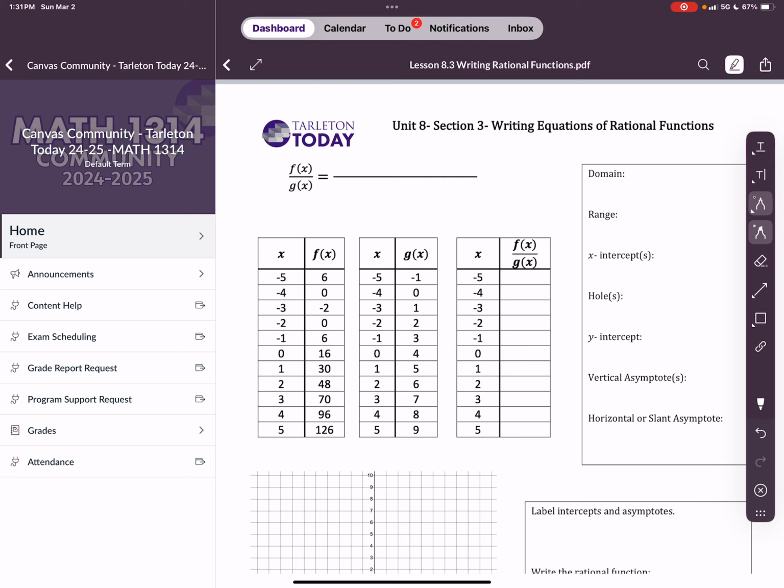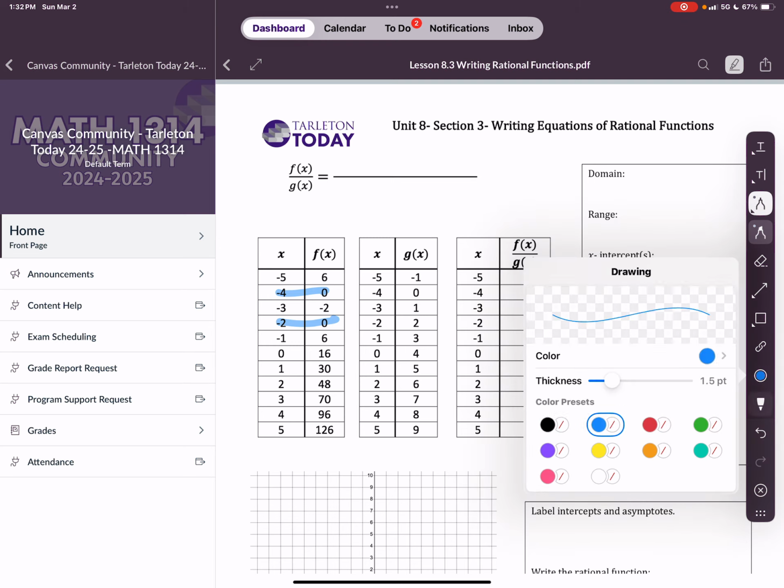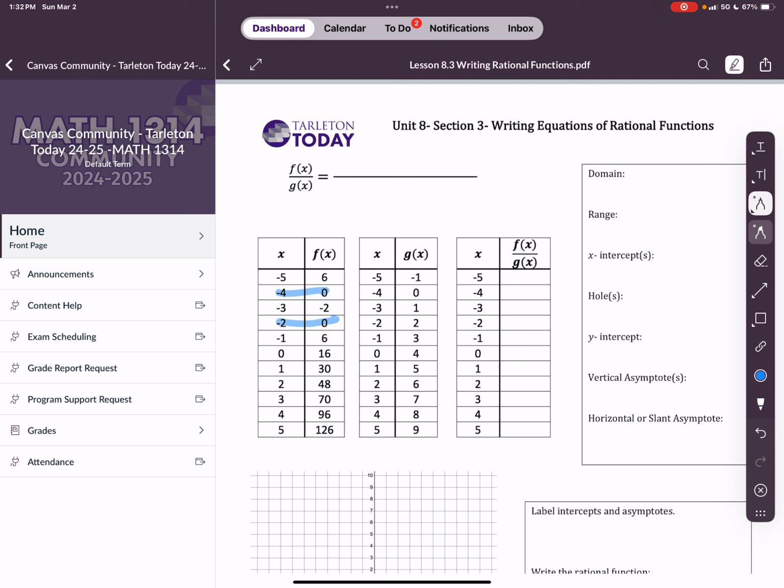Okay, so on this one, they go ahead and they give you your f of x and your g of x. Again, in order to write the equation, we're going to see, well, where are my x-intercepts? So my x-intercepts for f of x are at negative 4 and negative 2. Okay, so that means that my factors up here for f of x are going to be x plus 4 and then x plus 2.